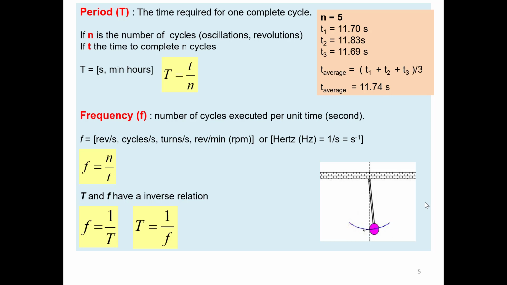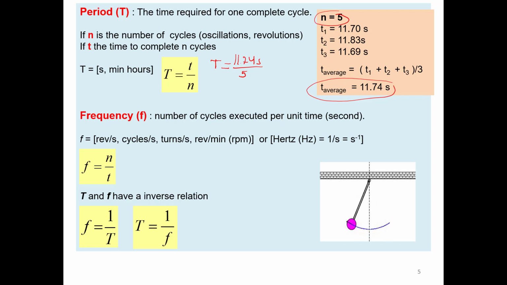Then what we had to do in this case: this is the number of cycles, and this is the time for 5 cycles. If we want to calculate the period, the period equals 11.74 seconds divided by 5 cycles, 5 oscillations.